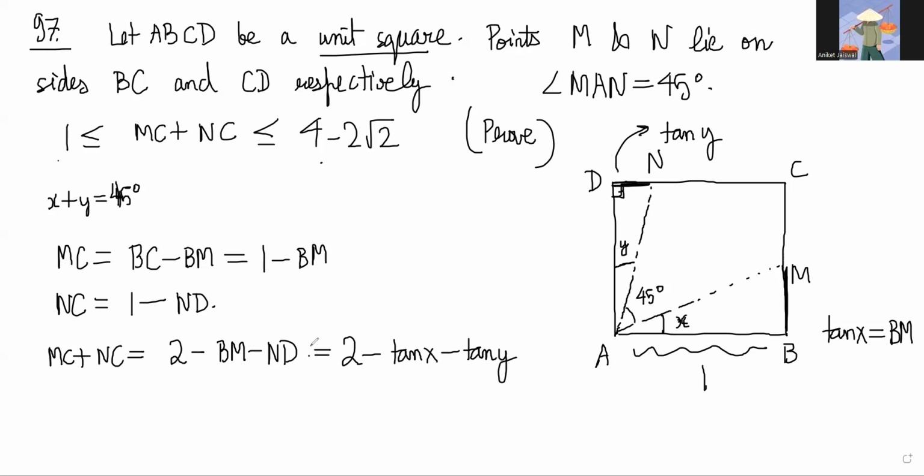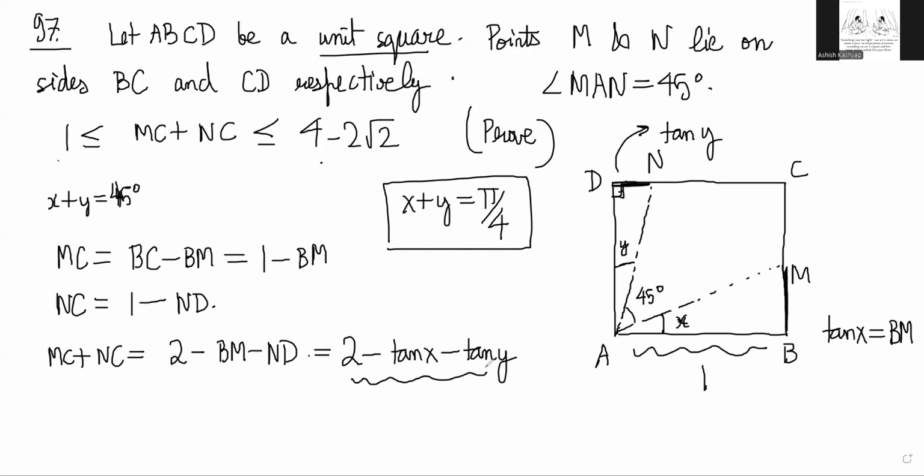And we already know that X plus Y is adding to pi by 4. We know this and we have this, right? So now we can write 2 minus (tan X plus tan Y). That is what I need to find a range of, right?